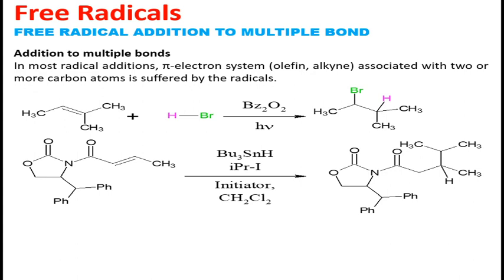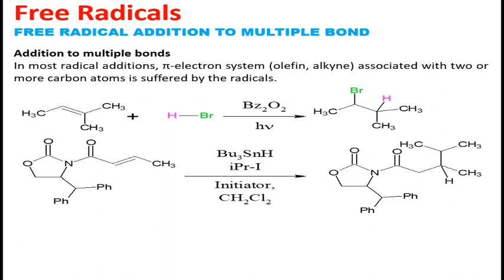In the first reaction, HBr is added to the carbon-carbon double bond through the formation of free radical, or the reaction involves a free radical intermediate. In the first reaction, there is use of benzoyl peroxide, which acts as a radical initiator. In the second reaction, there is addition of isopropyl group and hydrogen. See the substrate in the second reaction. See the alpha carbon atom of the amide group and the beta carbon.